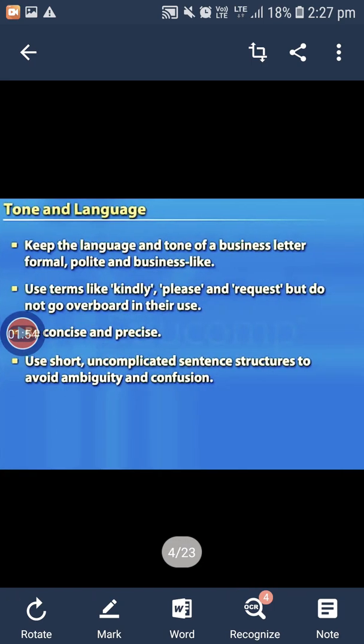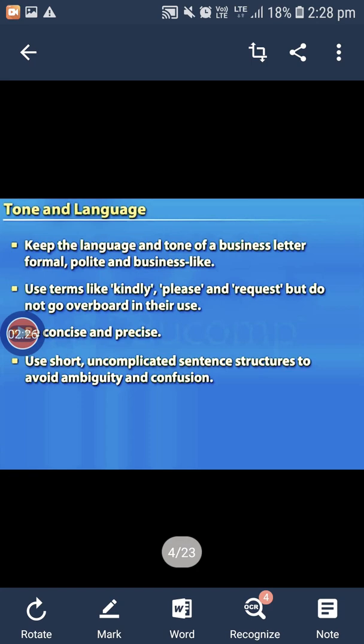What will be the tone and language of this letter? It is a formal letter in general. Keep the language and tone of the business letter formal, polite, and businesslike. Use terms like kindly, please, request, but do not go overboard in their use. Be concise and precise.